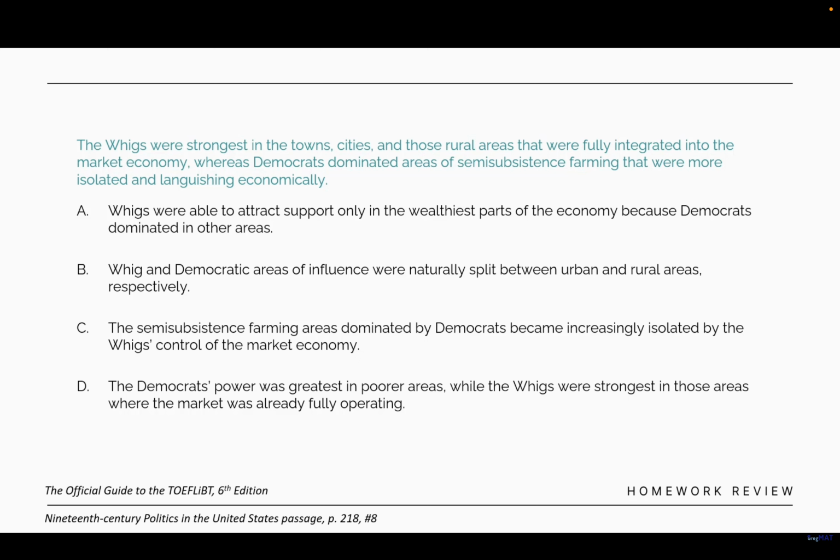Whigs were strongest in towns, cities, and rural areas fully integrated into the market economy, whereas the Democrats dominated many semi-subsistence farming areas that were once more isolated and languishing economies. So first of all, do you see any reasons here, or do you just see a contrast? There's a contrast. Yeah, it's just a contrast, right?